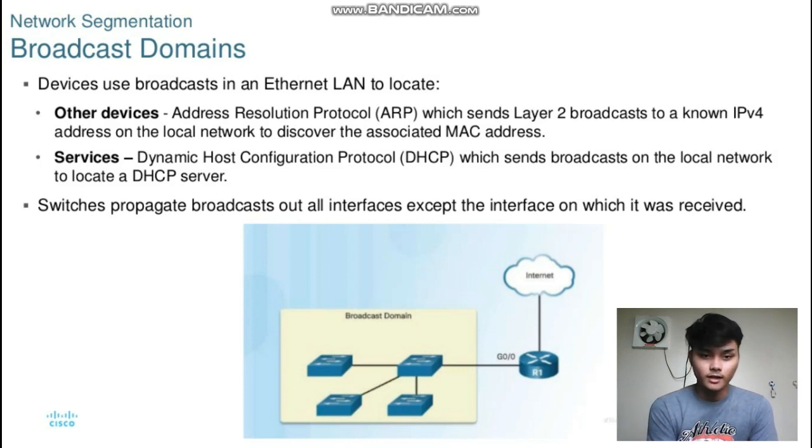Dynamic Host Configuration Protocol, or DHCP, sends a broadcast on the local network to locate the DHCP server. Switches propagate broadcasts out all interfaces except the interface on which it was received.